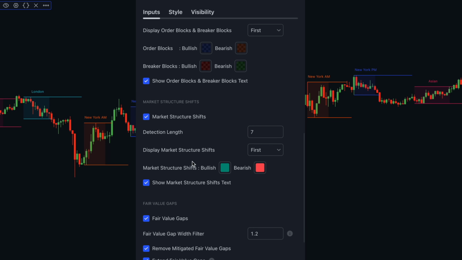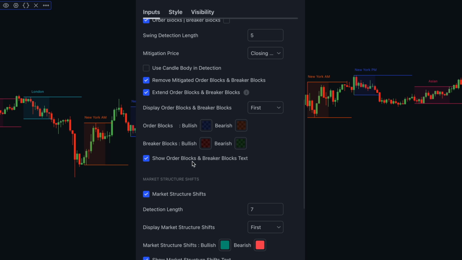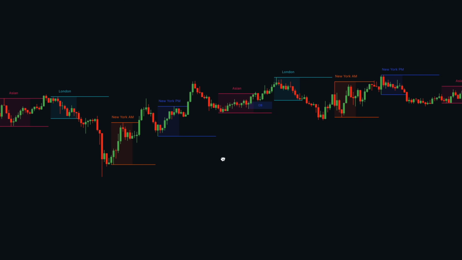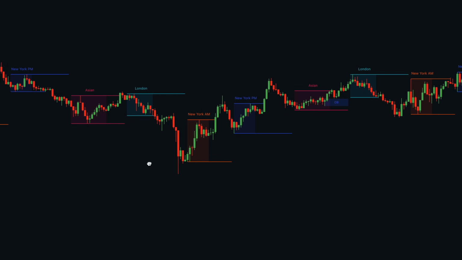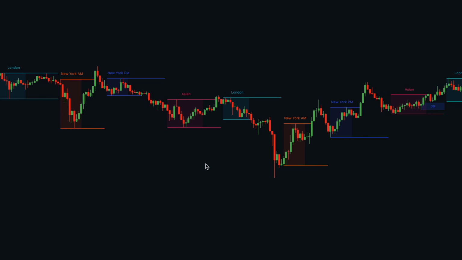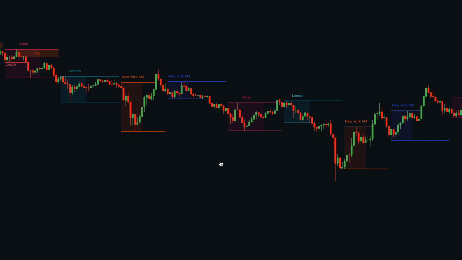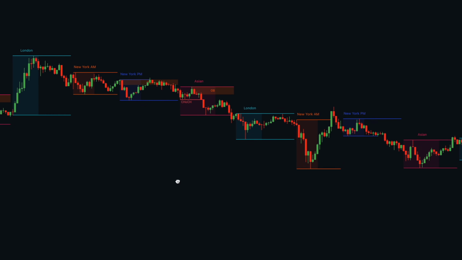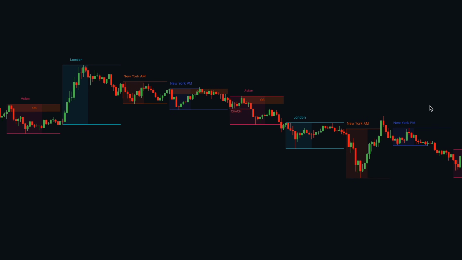By combining these components, it offers you a complete framework for analyzing the market and identifying setups of interest. Leveraging these tools effectively can enhance your decision-making process and improve kill zones interpretability.